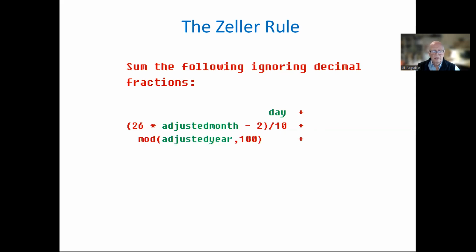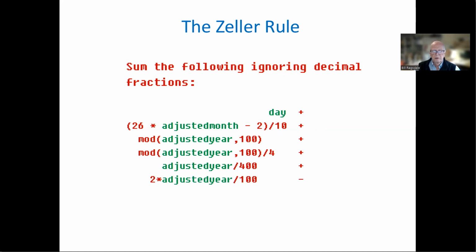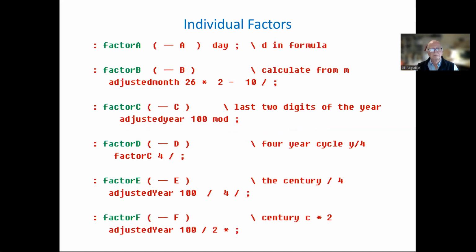We then take the adjusted year, divide by 100, and look at the remainder. This gets us the lower 2 digits of the year. Then we divide that by 4. This gets us into which is a leap year. We make an adjustment for the 400. We make an adjustment for the 200. Add them all together, subtract the last value, take modulo 7, and we then get the Zeller day number.